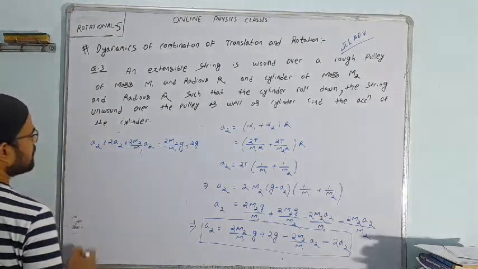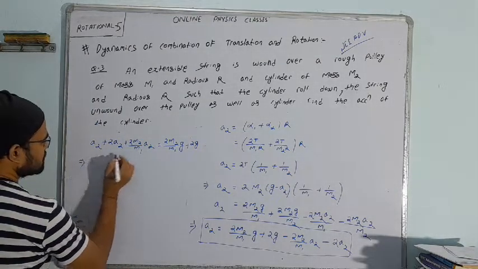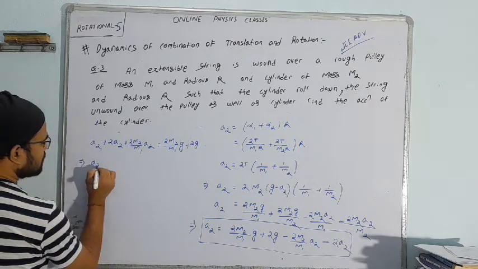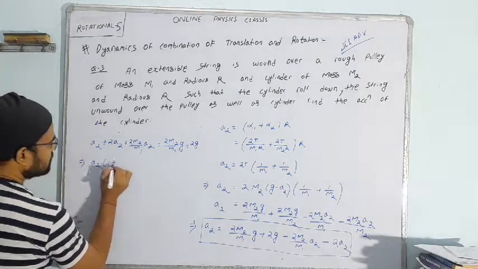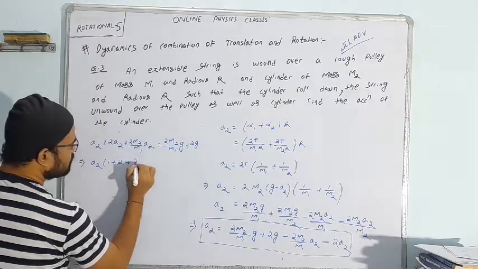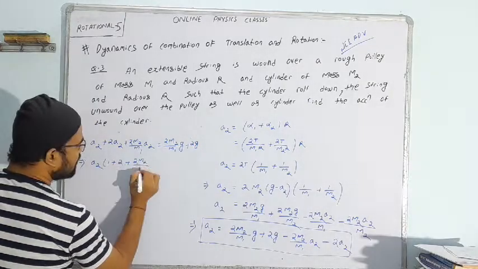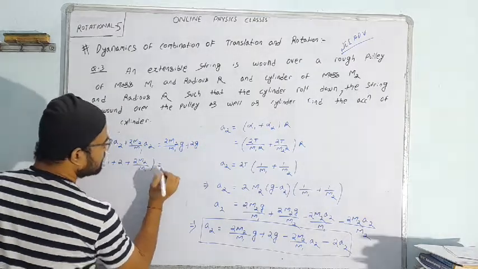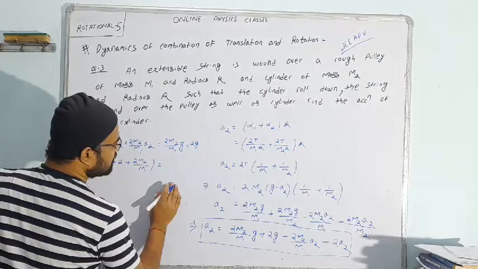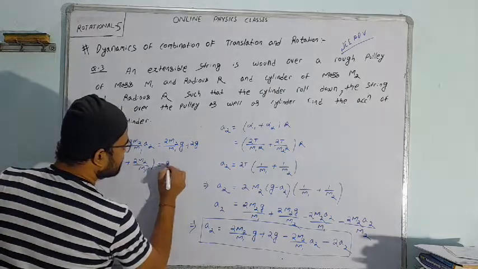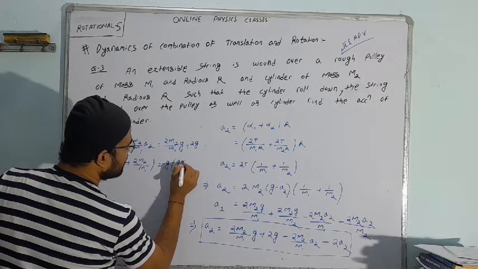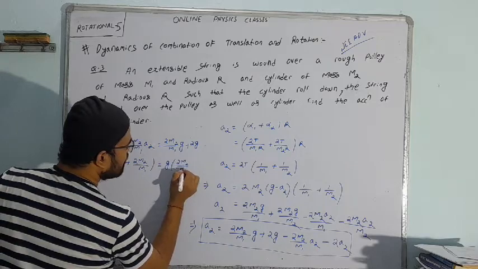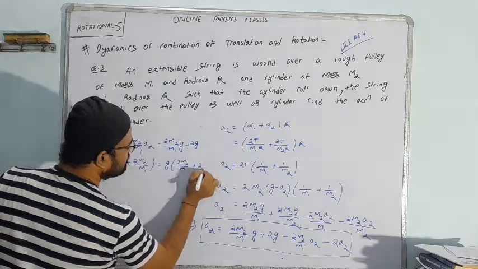Okay, this is the value. So a2 is common, then 1 plus 2 plus 2m2 by m1. For this, if you take g common, we get 2m2 by m1 plus 2.